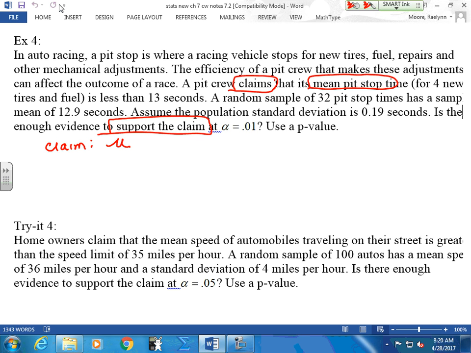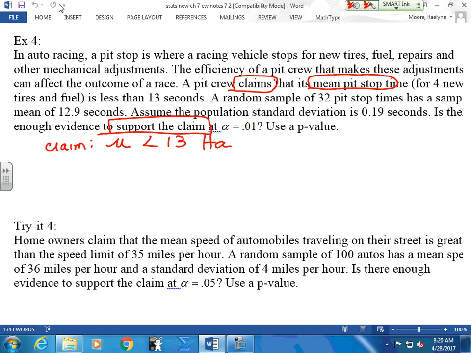Mean pit stop time for 4 tires and fuel is less than 13 seconds. This is the claim. Is this the HA or the HO? HA. Because why? No equal sign.